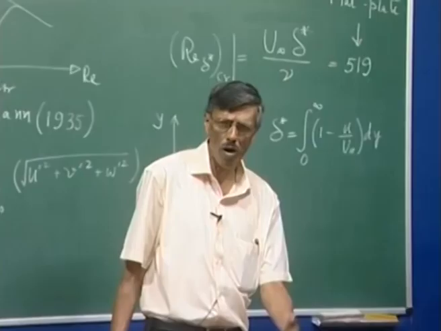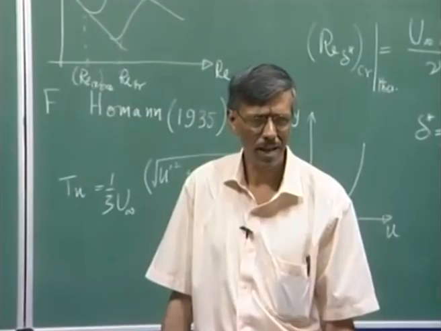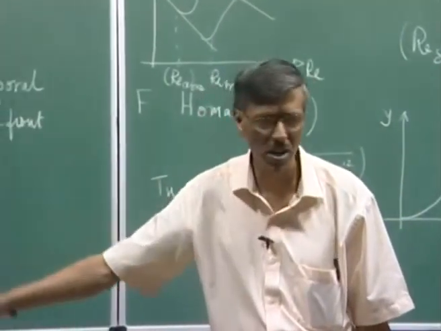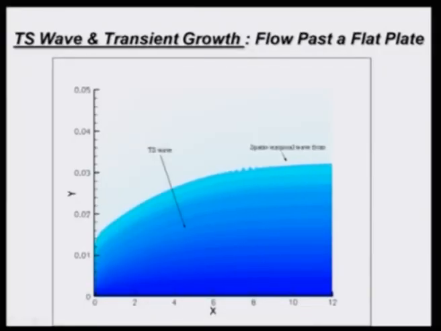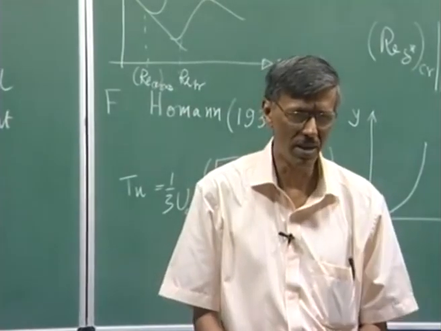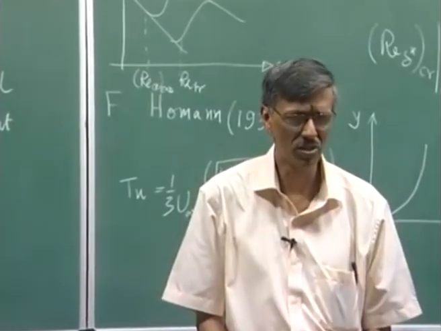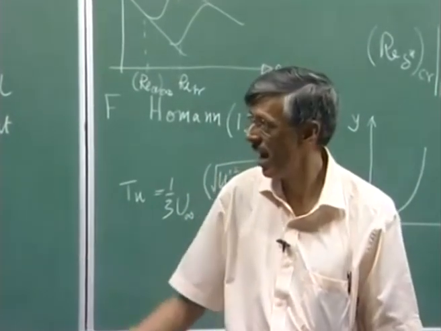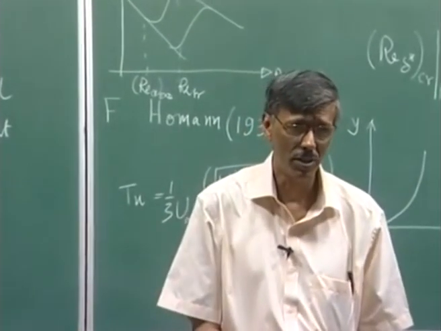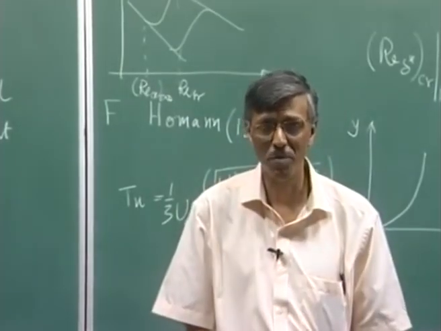Actually, we performed these calculations in our lab. This is based on a Navier-Stokes solution, but we also did a corresponding study using those linear parallel flow assumption theories, receptivity analysis, and we did show how these spatiotemporal wave fronts come about.